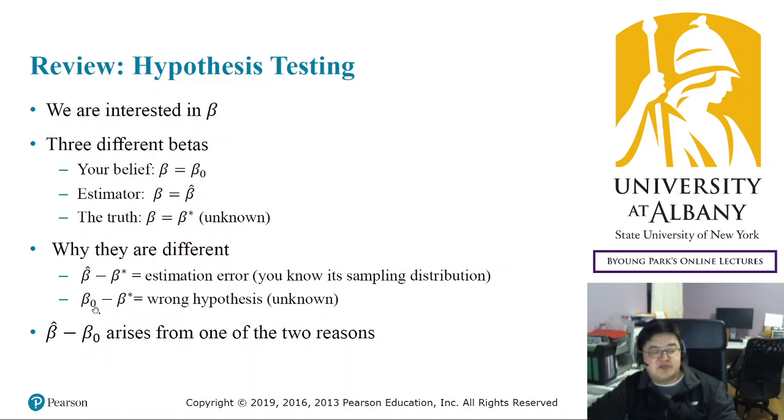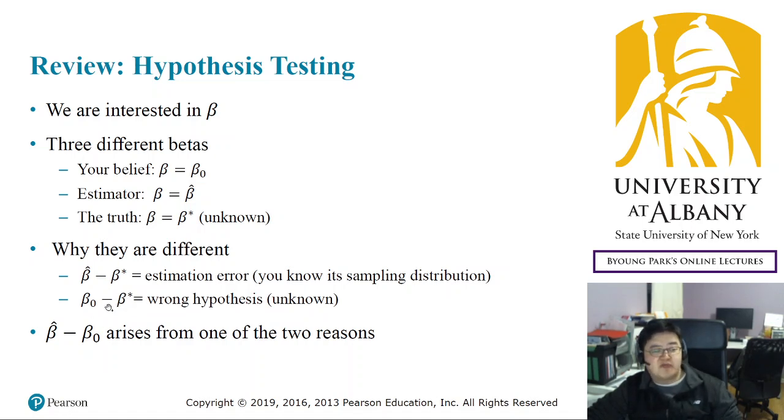And the difference between your belief and the true value captures whether your hypothesis is wrong or not. So if the difference is 0, that means your hypothesis is correct. But otherwise, if the difference is non-zero, then your hypothesis is wrong.